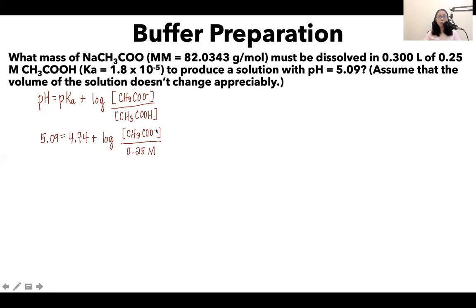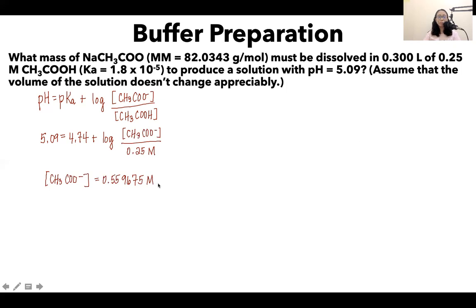So now you will be able to compute for the concentration of acetate in the buffer from this equation. So the value that you will get is 0.559675 molar. So I added a few digits just to increase the accuracy of my value, but not too much.